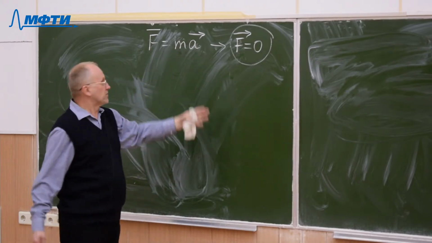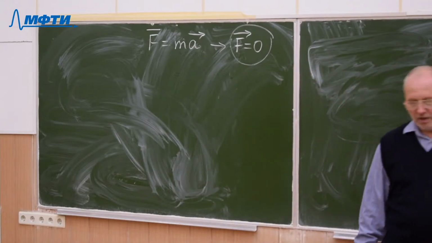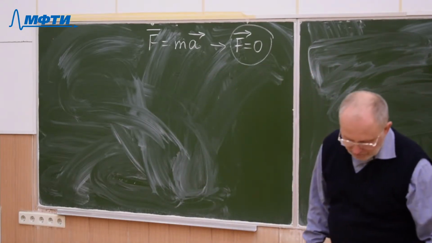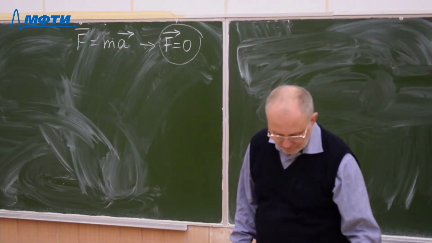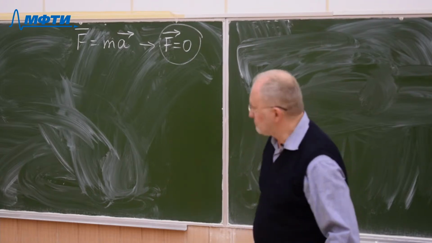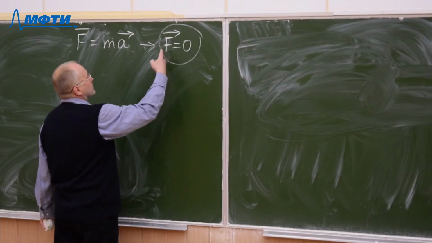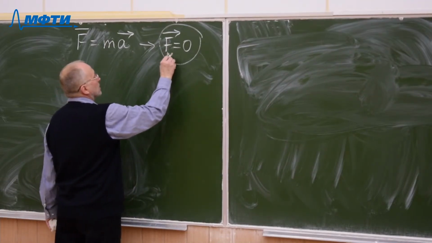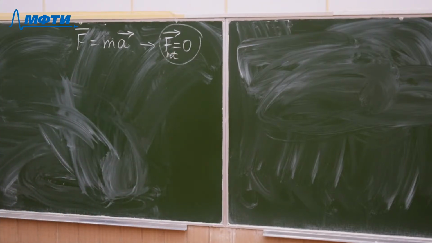That is a very simple consequence of the second Newton's law. And that equation allows one to solve many different problems related to statics. So you must only remember that this is not the single force, but the net force, the vector sum of all forces acting on the given body.